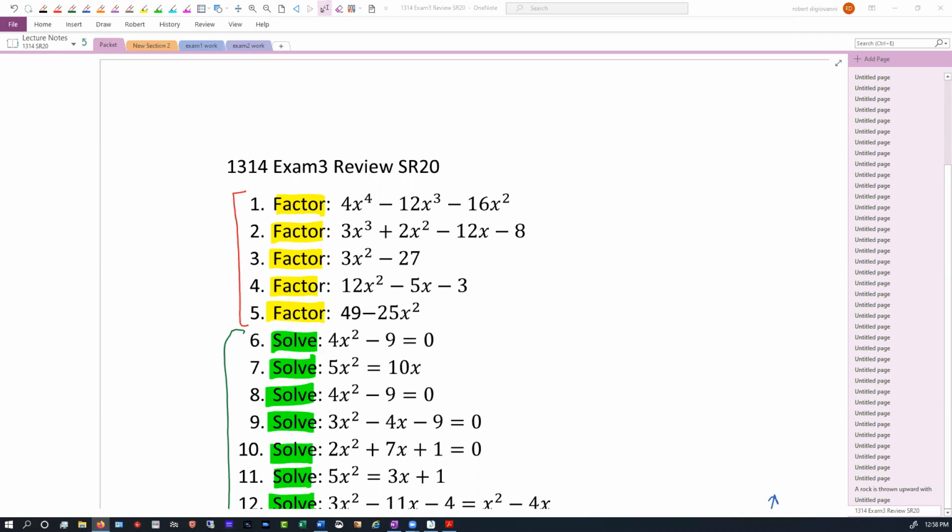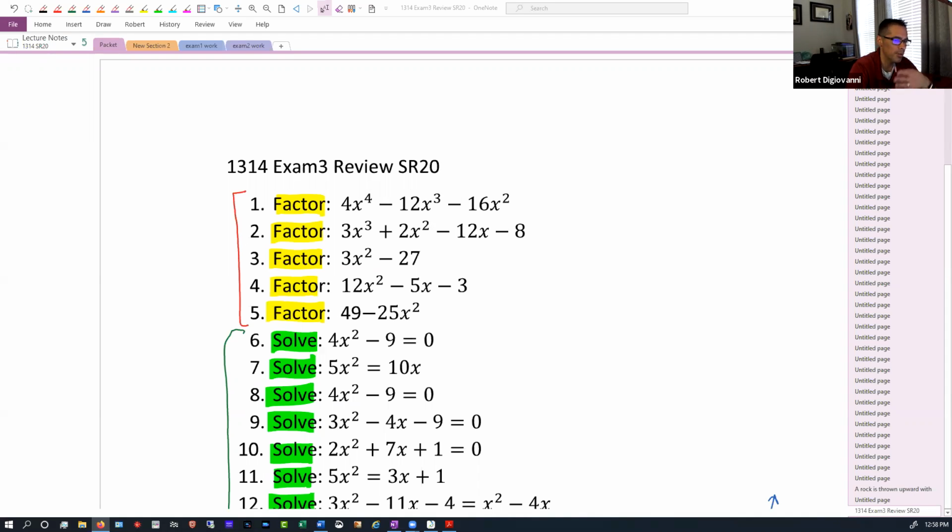Yeah, I had a quick question. What formulas are you gonna include on the test? Okay, so I'm not going to give you anything in terms of factoring. So you all need to know that GCF, count the terms, and then what to do with each number of terms.